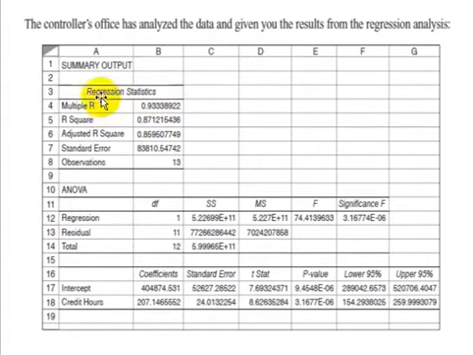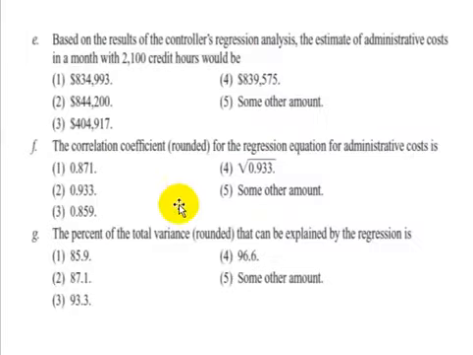If R is not found or ignored, you can take the root of R square to calculate R. If R square is unknown, you can take the square of multiple R to calculate R square. So the correlation coefficient equals number 2, 0.933.